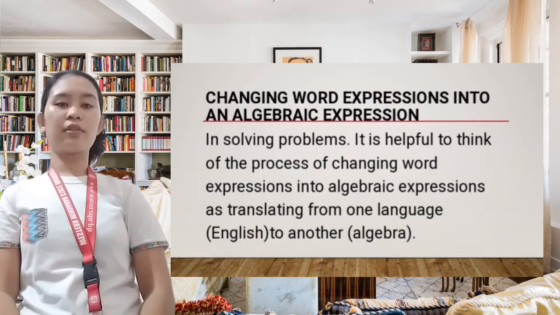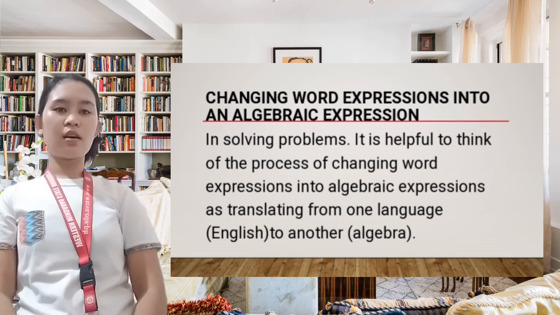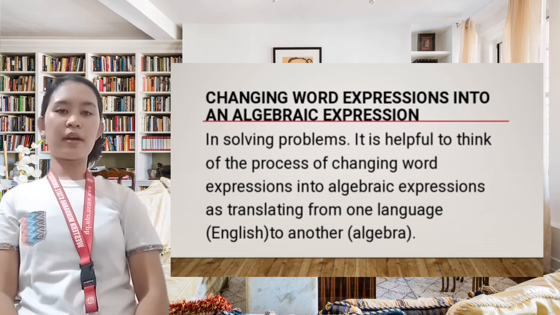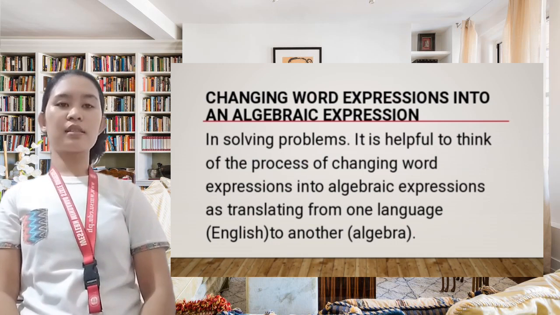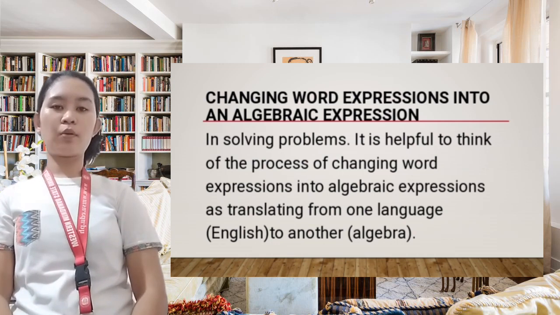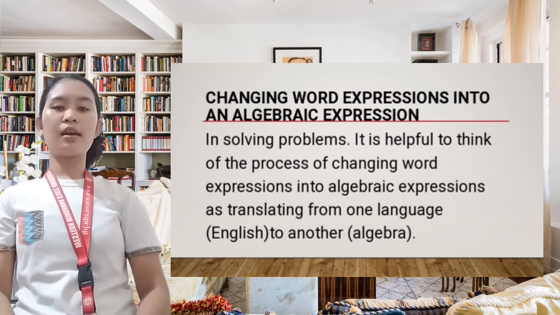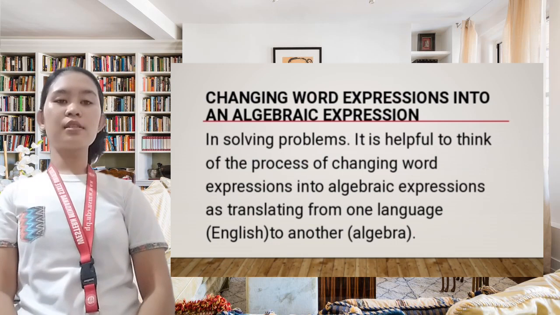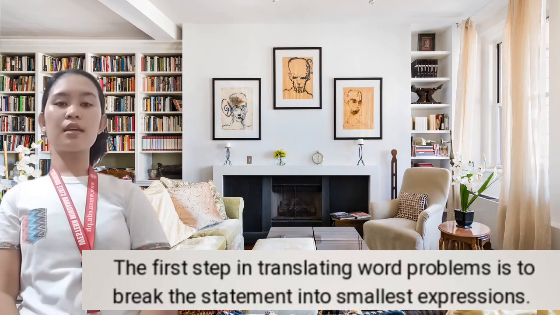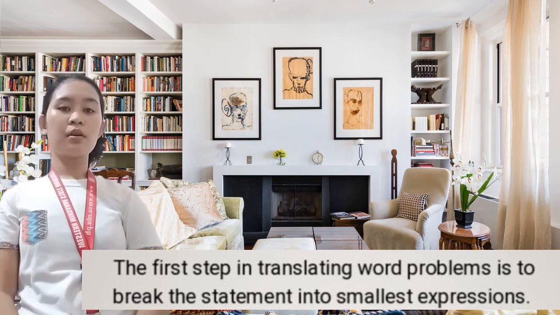In solving problems, it is helpful to think of the process of changing word expressions into algebraic expressions as translating from one language to another, which is English and algebra. The first step in translating word problems is to break the statement into smaller expressions.